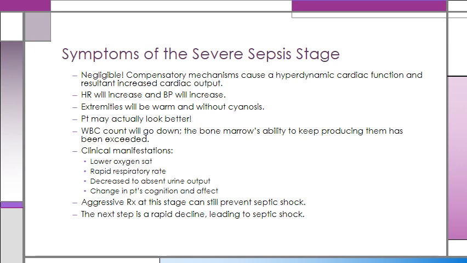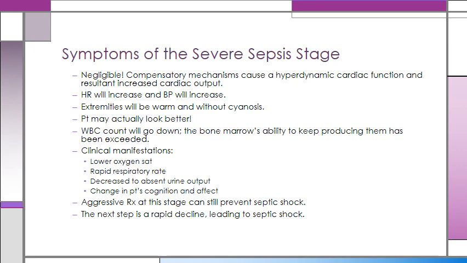The patient may actually look better, but do not be fooled. The white count actually will go down in this stage, and that's because the bone marrow's ability to keep producing them has been exceeded. Clinical manifestations that you will witness will be lower O2 sats, a rapid respiratory rate, decrease to absent urinary output, and a change in the patient's cognition and affect. Aggressive treatment at this stage can still prevent shock.